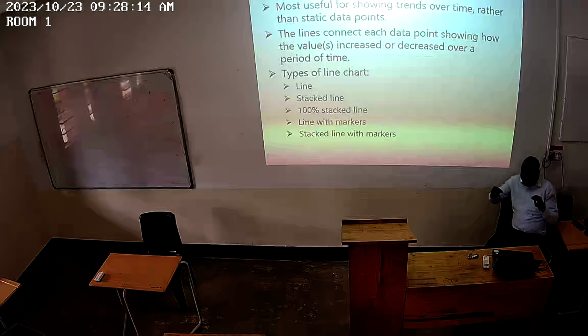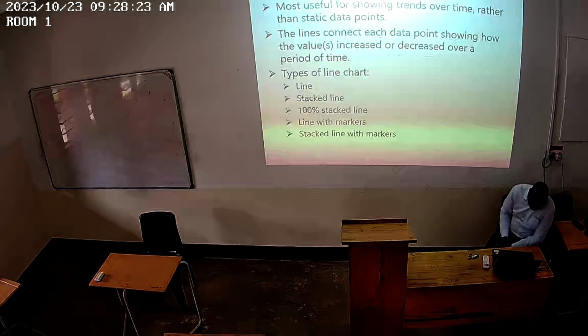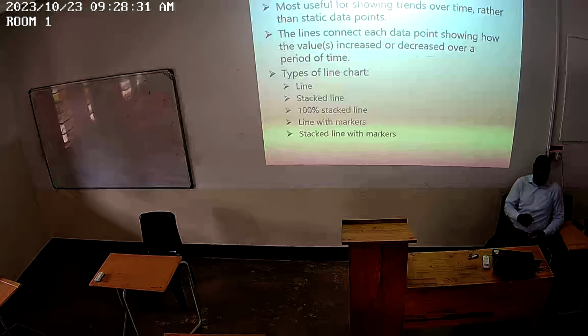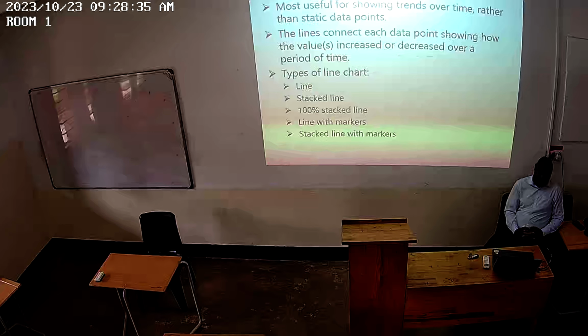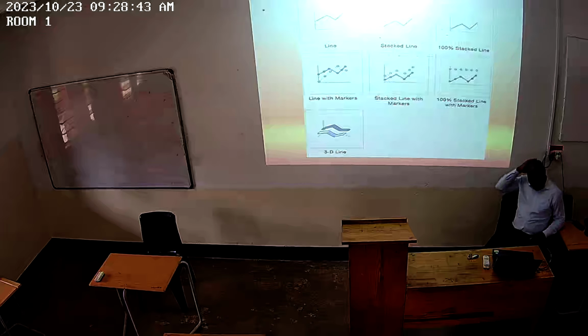And that line, together with the data points, will show either an increase or decrease in the trend. So as usual, we've got the standard line chart, and then the stacked line, the 100% stacked line, and so on and so forth. So those are examples.